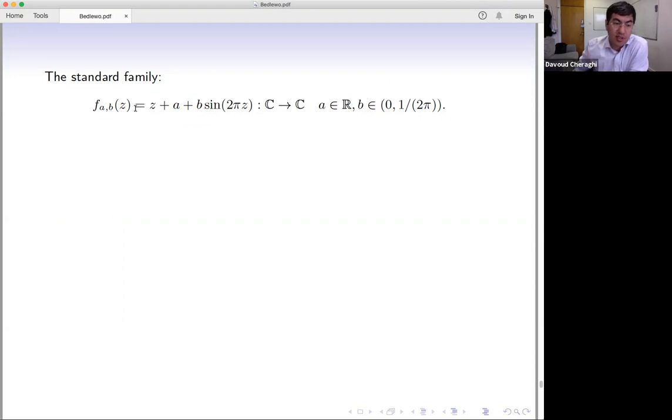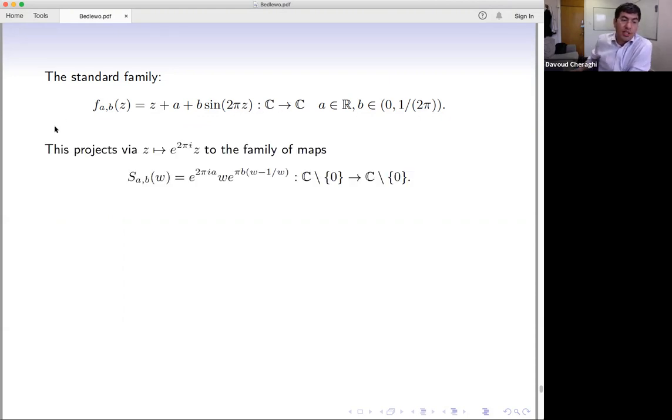This maps the real line to the real line. You can project this complex map via this exponential map to the family of maps S sub AB of this form. So these are holomorphic maps from the punctured plane, punctured at 0, or C star, to C star.